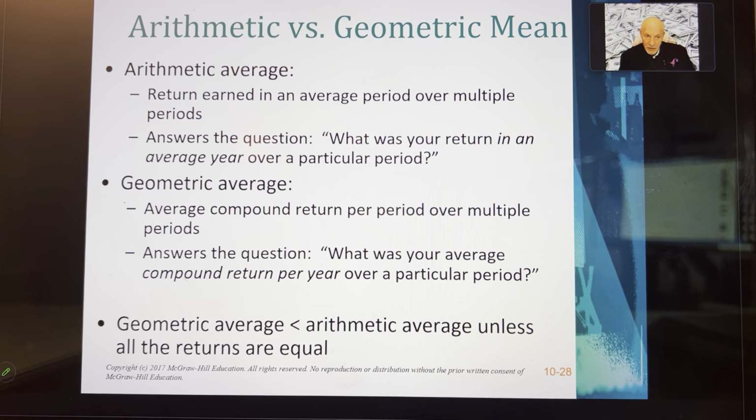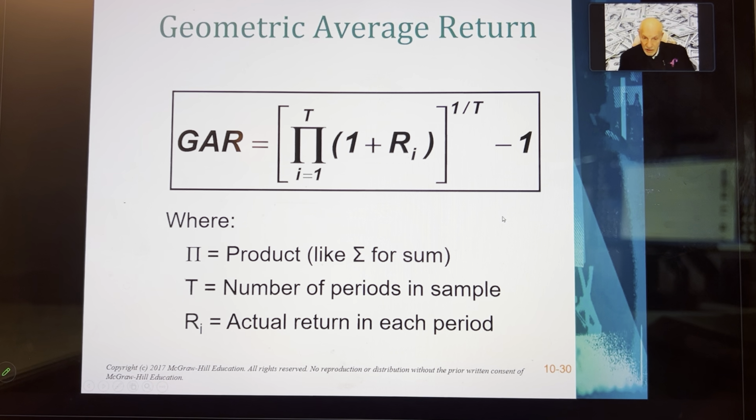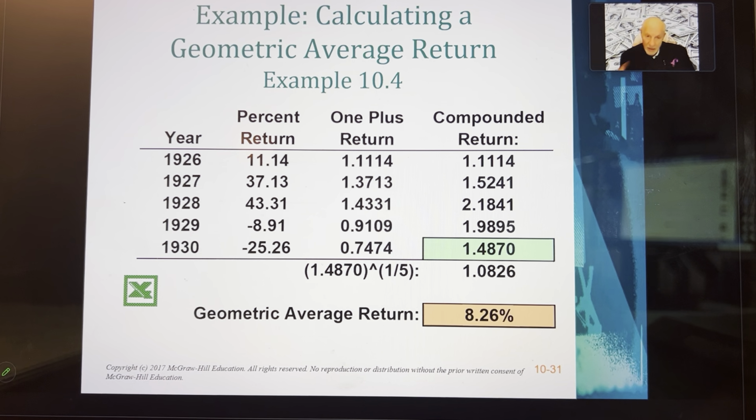So other than that, the rest of this chapter talks about simple math. What's the arithmetic average of returns over a period of time versus geometric, and geometric has to do obviously with compounding. Compounding has to do with leaving the income such as dividends in and reinvesting them back into your portfolio.